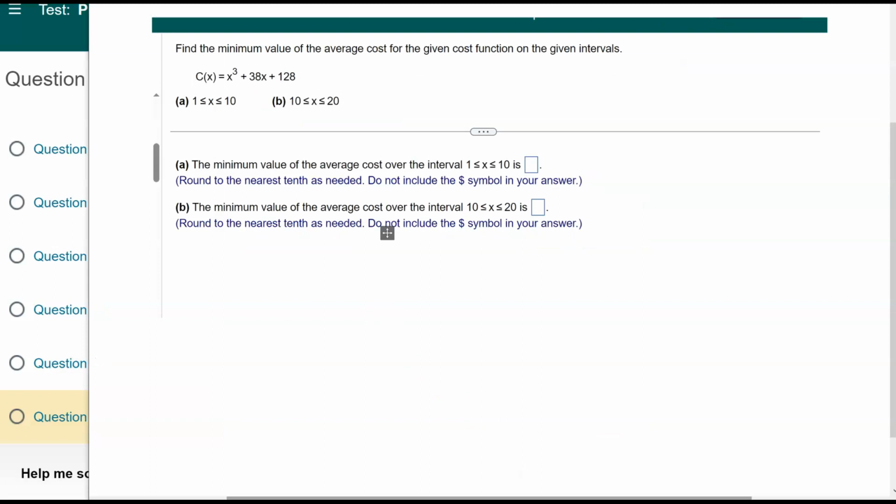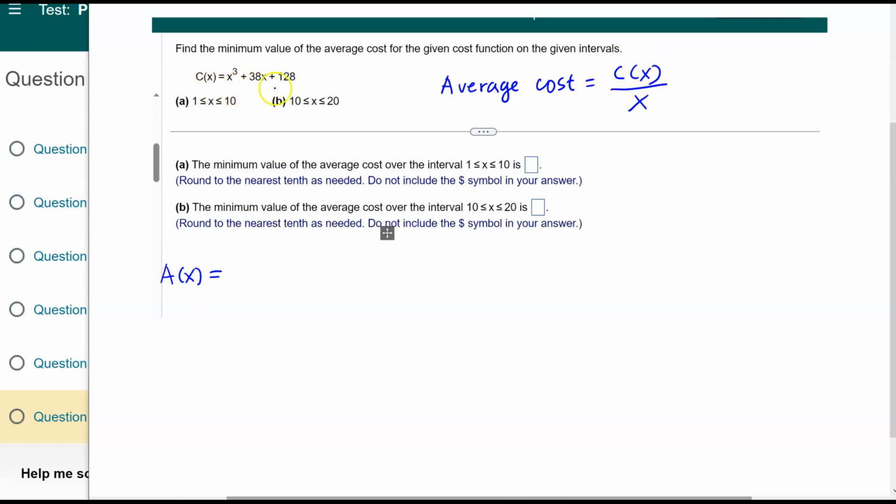So the expression for the average cost of the function is just equal to the cost function, c of x, divided by x. So let's say, for instance, we call our average cost A of x, and that is equal to c of x over x.